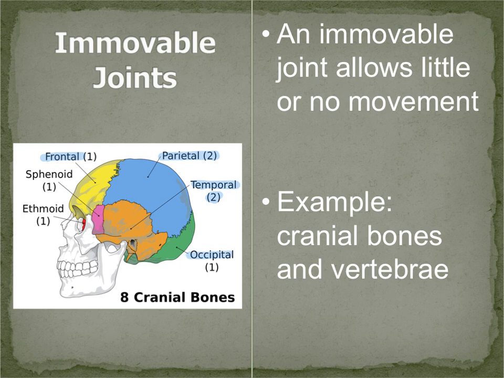There is one occipital bone, which is found on the back of the head, and this corresponds to the occipital lobe of the brain, which controls your eyesight. And then you have the sphenoid and the ethmoid. Most of those two bones are found on the inside of the cranial cavity.